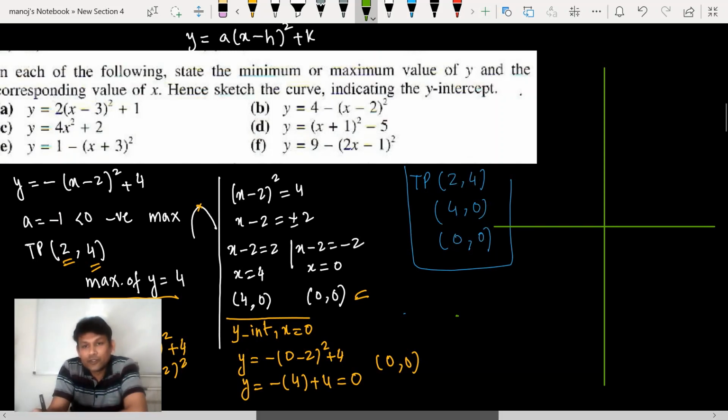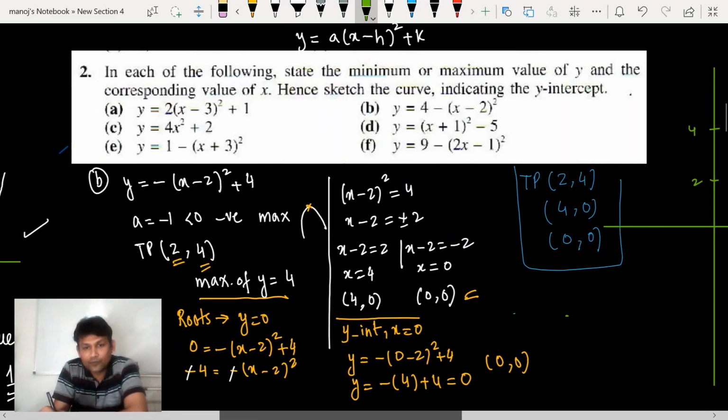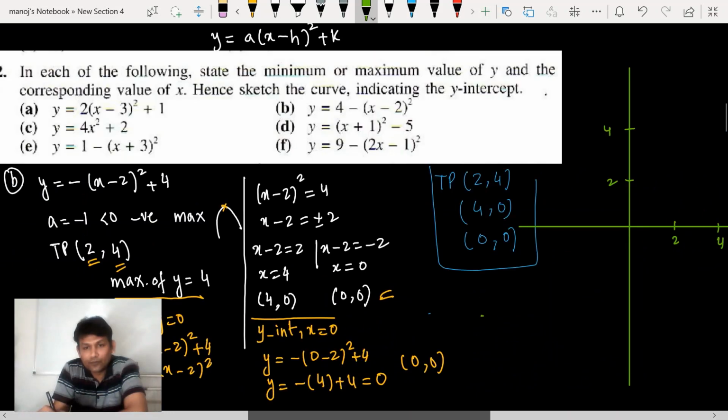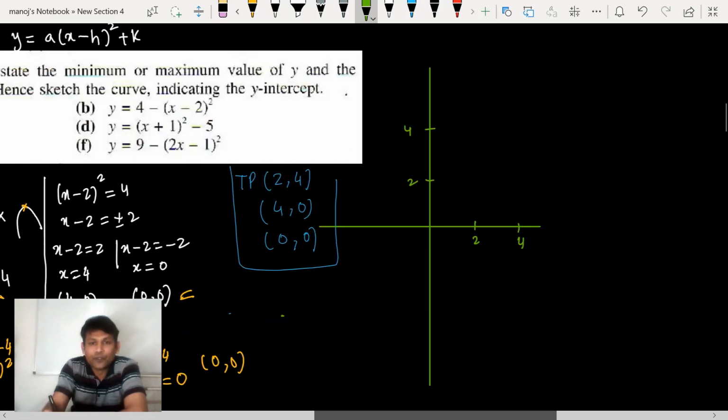That's good. First of all, the turning point is (2, 4). This is 2 and this is 4, because we are working on 2 and 4 only. We don't need the maximum value. (2, 4) is here, the turning point.